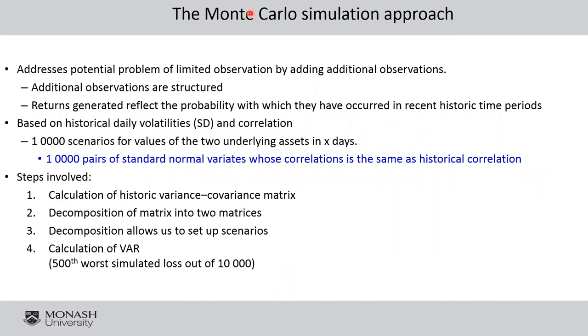I don't know how many of you have done Monte Carlo simulation, but Monte Carlo simulation will use this method. They calculate matrices, they decompose the matrix into 2 matrices. This is all statistical work. You don't have to do it. Excel can do it for you. Some other programs can do it for you.